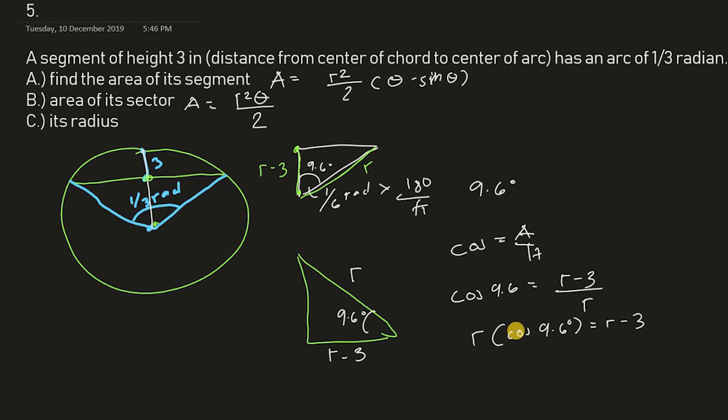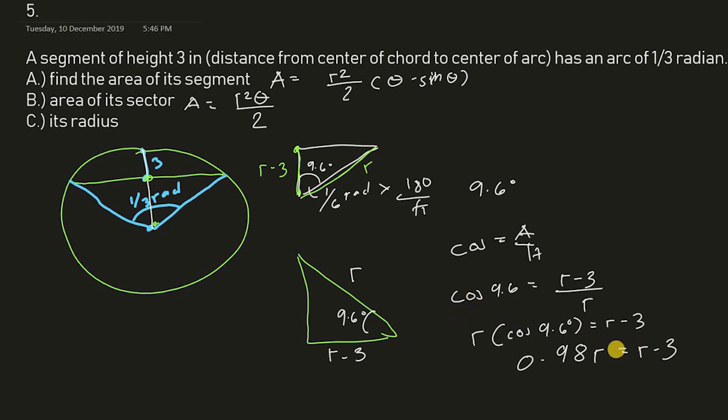So let's evaluate that. Cosine of 9.6 is approximately 0.98, so 0.98 times r is equal to r minus 3.